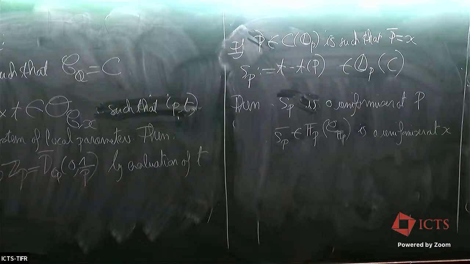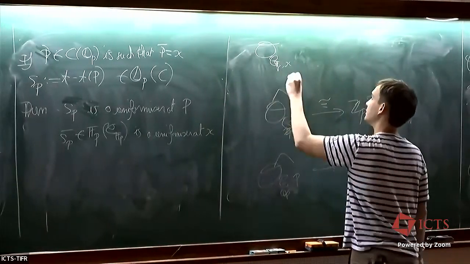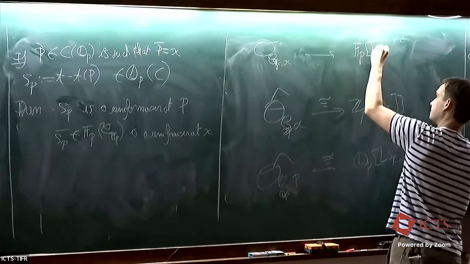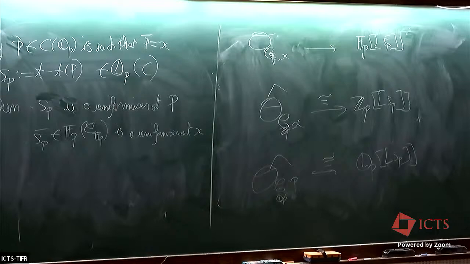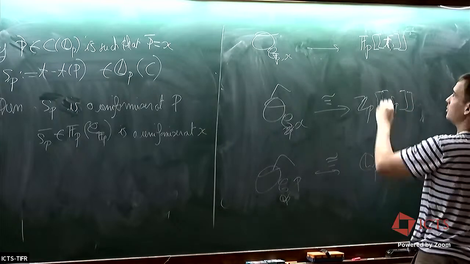All right, and now I can write a complete description of the local rings because of this. So O_{C,X} extended to Z_p here is the same thing as Z_p applied to S_P here. I can look at the point P here, and it will give me Q_p of S_P. And I can look at the point F_p, X, and Z_p bar, S_P bar, and all this commutes, so it's T bar.